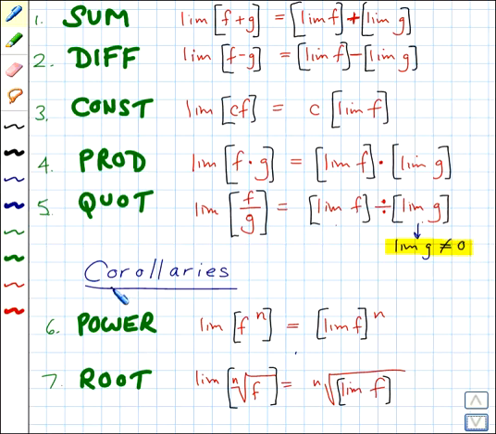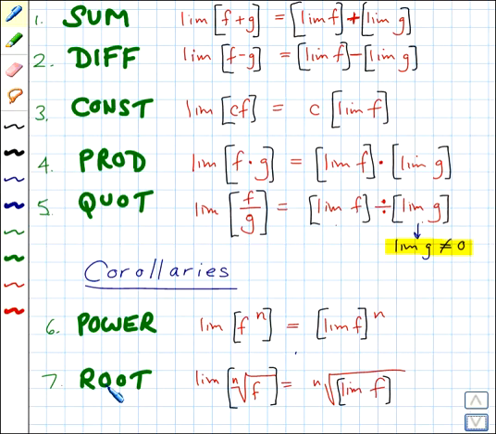Now, there are 2 corollaries to these 5 laws above, and a corollary is just simply a law that follows from the laws above it. Here is the power law, which says that the limit of a function raised to the nth power is equal to the nth power of the limit of the function.